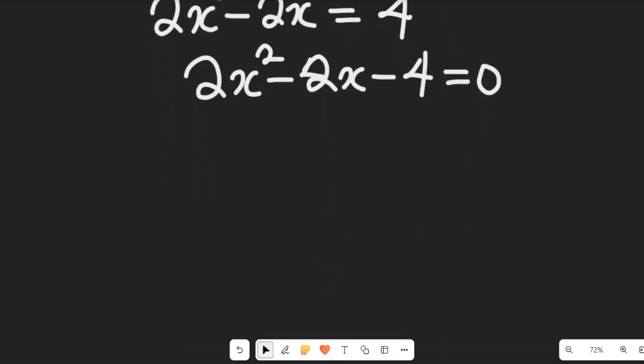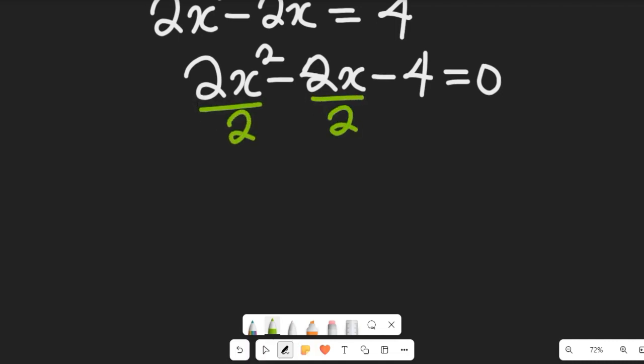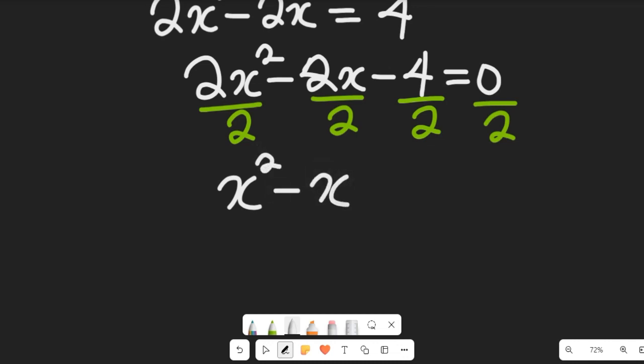Now let's reduce this expression by dividing through by 2, since we have 2 as a common term. If we divide through by 2, this expression will now give us x squared minus x minus 2, and this will be equal to 0.